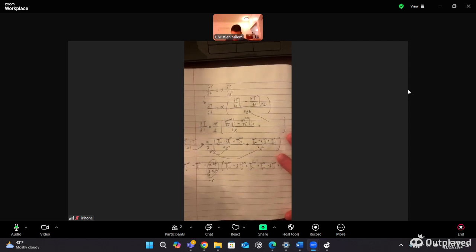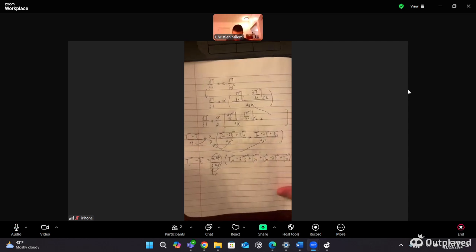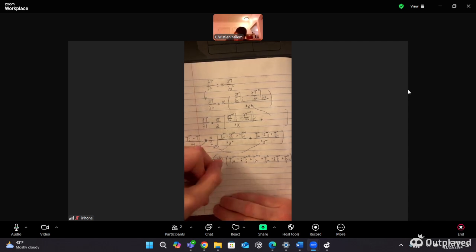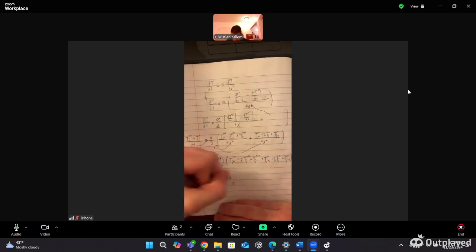Same thing where we set t of n, j equal to e negative alpha k squared, time, or more accurately, n delta t times e I k j delta x.